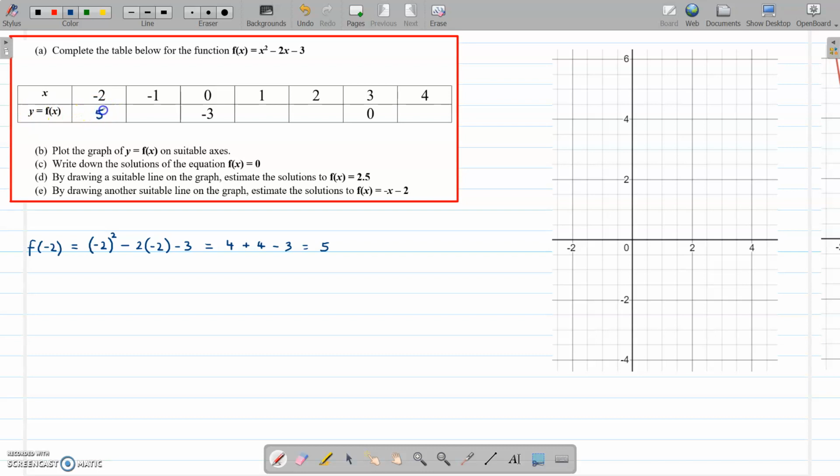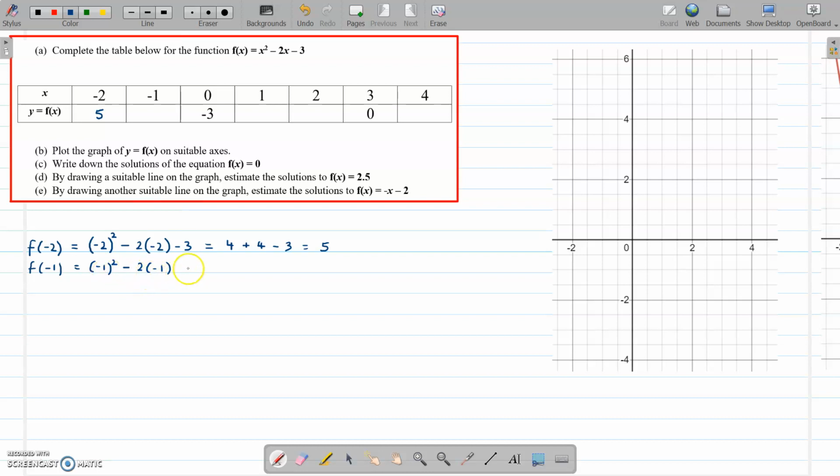Now we do the same sort of thing with minus 1. I'll just do the same process here. Negative 1 squared is 1. Take away 2 lots of negative 1, well, that's like adding 2.